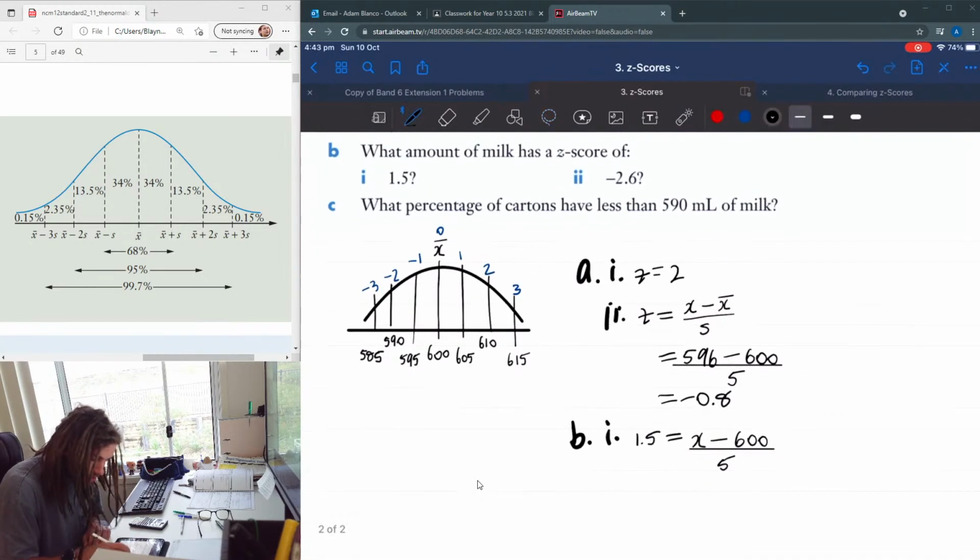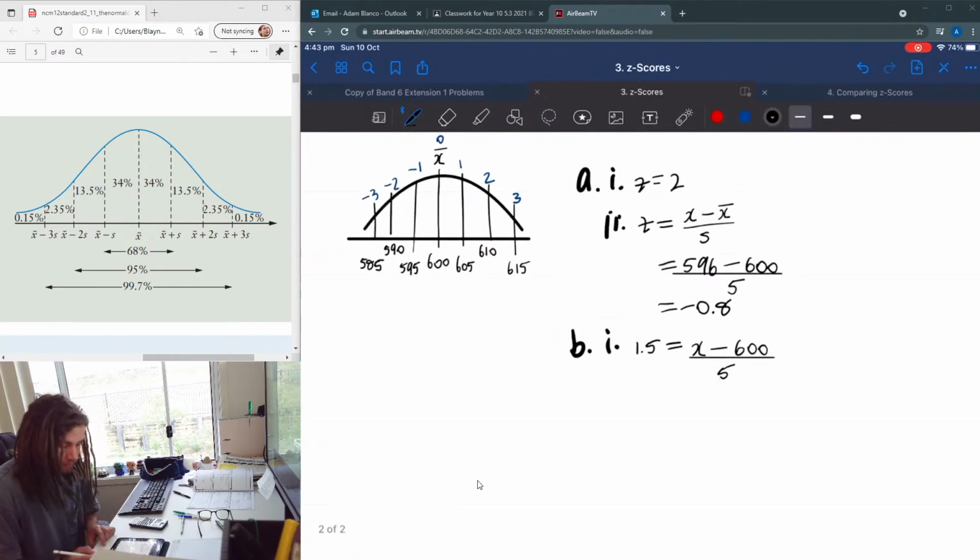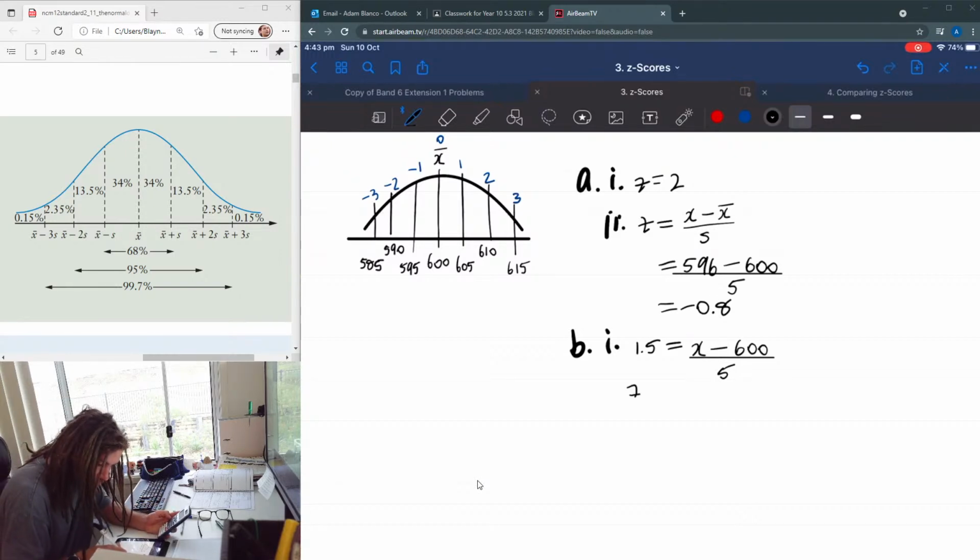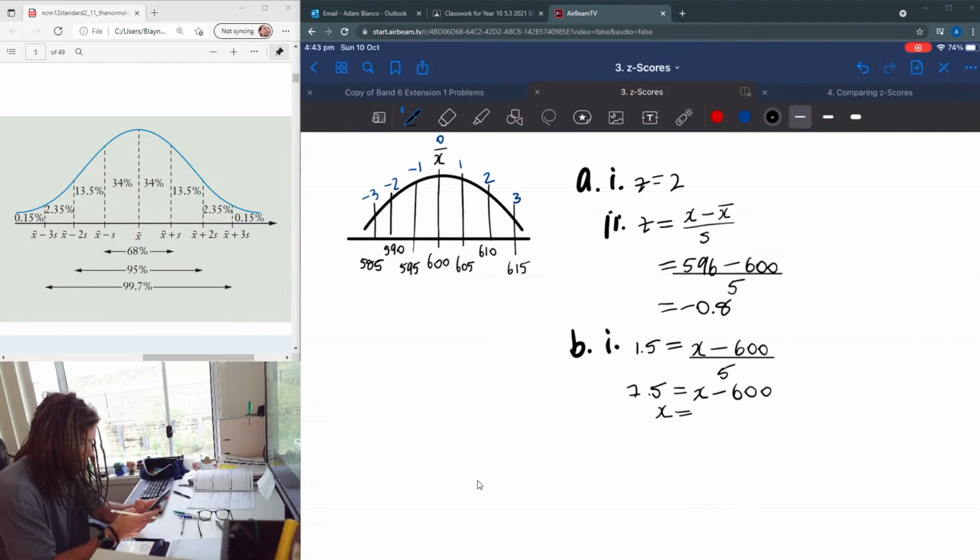Okay, so essentially now I have to solve this as if it was an equation. I'm going to multiply this 5 up. So it's 5 times 1.5, which is 7.5. X minus 600. That means X equals 7.5 plus 600, which is 607.5.